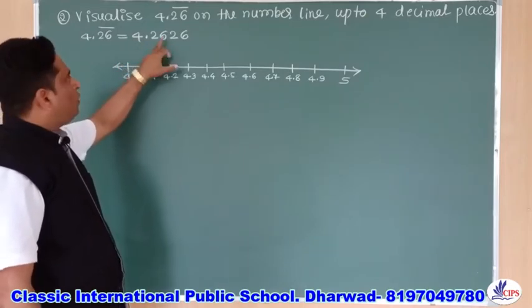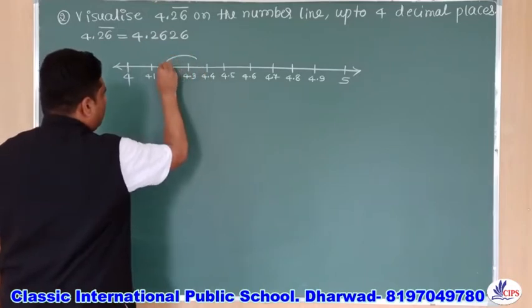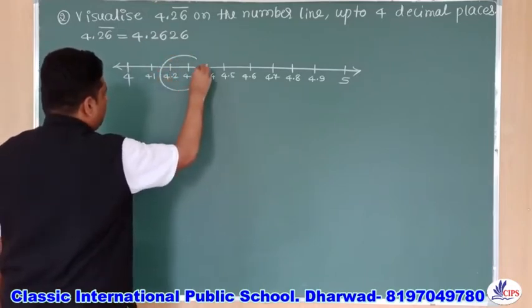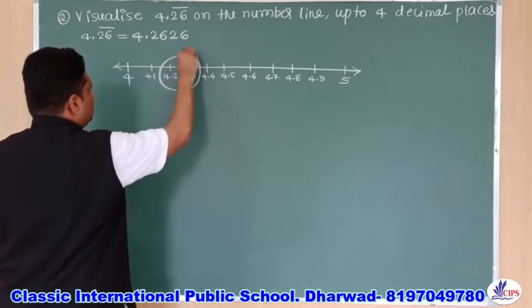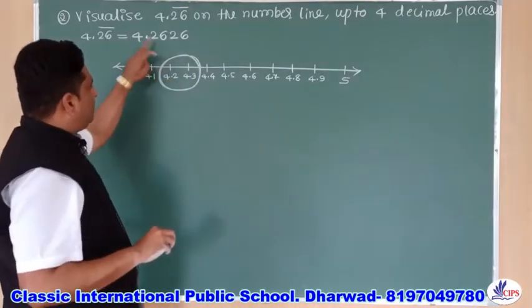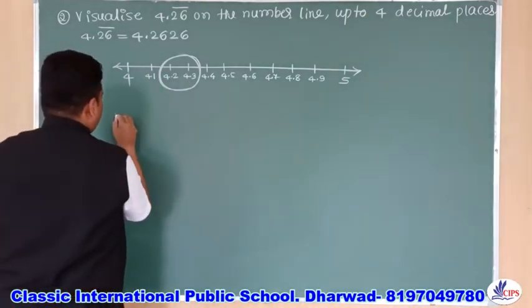4.26 is the number between 4.2 and 4.3. I'll put the magnifying glass here. I'll draw one more number line over here.